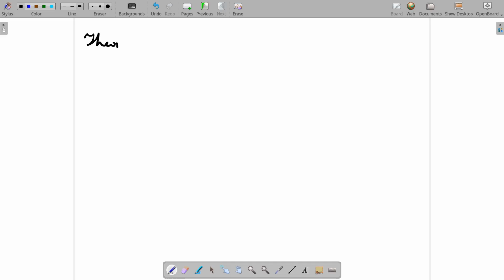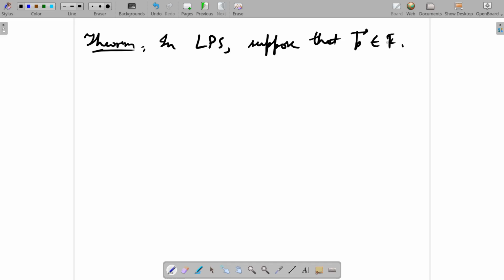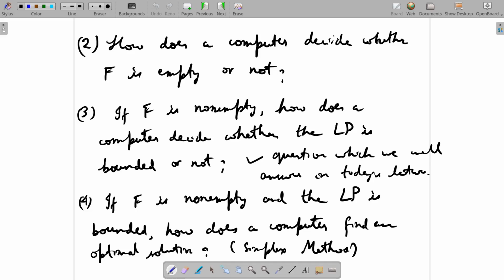Theorem in LPS, meaning LP in standard form. Suppose that P is a feasible vector, a feasible point. Suppose that P is in the feasible set. So the feasible set is non-empty. Look back at the question.